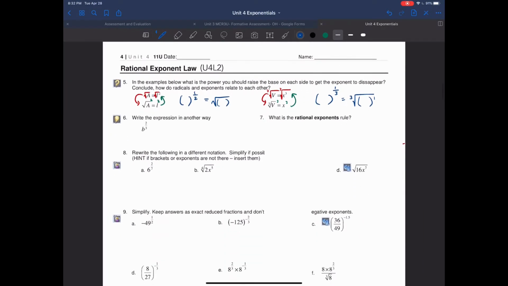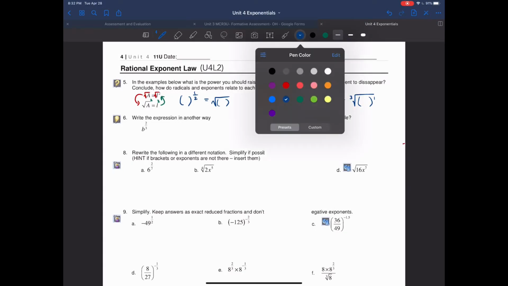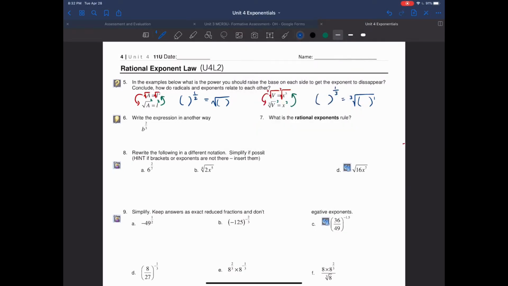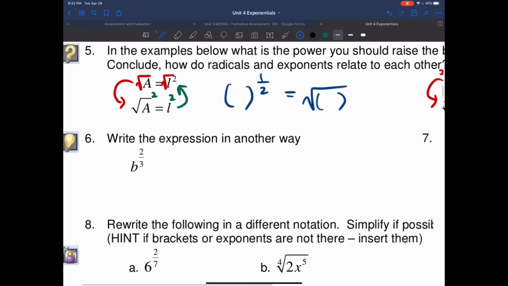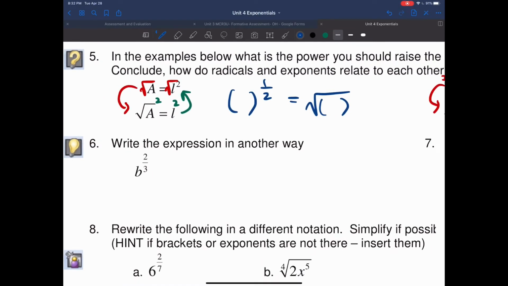All right, question 6. Write the expression in another way. So if you have b to the exponent 2/3, it's helpful if you write this so that the numerator portion is separate. So I'm going to write this as b to the 1/3, and then I'm going to put the 2 on the outside, the numerator portion on the outside, because remember, 2 times 1/3 is equal to 2/3.